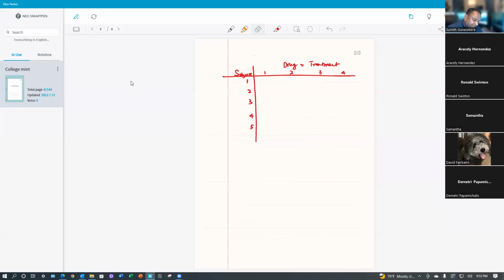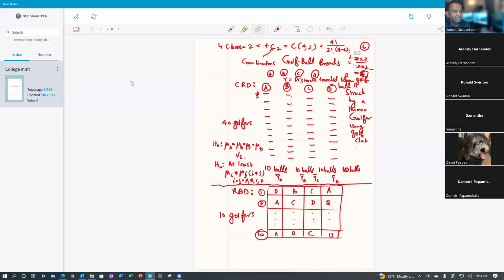What are you going to measure? What's the y variable? Then you have to think about what would be your y. In that particular example, you measured the distance traveled by the ball when struck by a human golfer using a golf club.